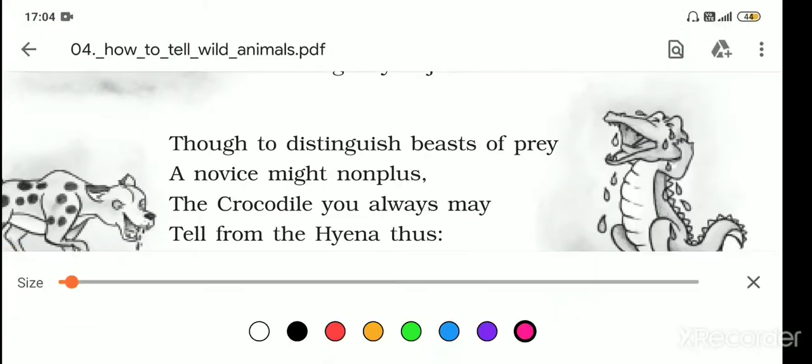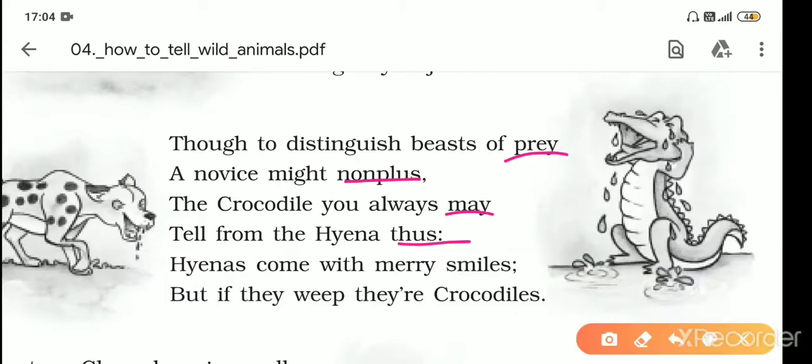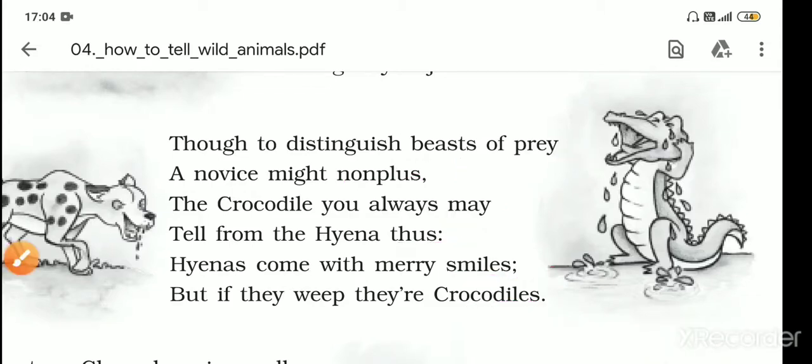So now let's see the literary devices used here. Rhyme scheme is A B C C: prey, may, nonplus, thus, smiles, crocodiles. Now alliteration, that is sound N, novice and nonplus.